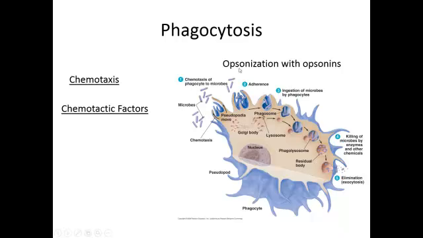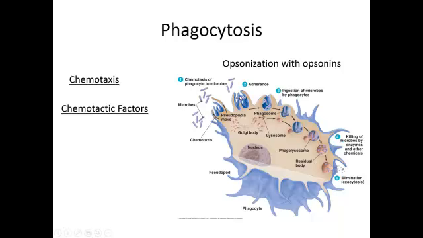There are several molecules that are opsins that we're going to be talking about in detail, but to give you a preview, complement is an opsin, antibodies are opsins, and all of them, once they're stuck to the microbe, make it easier for the phagocyte to grab a hold.